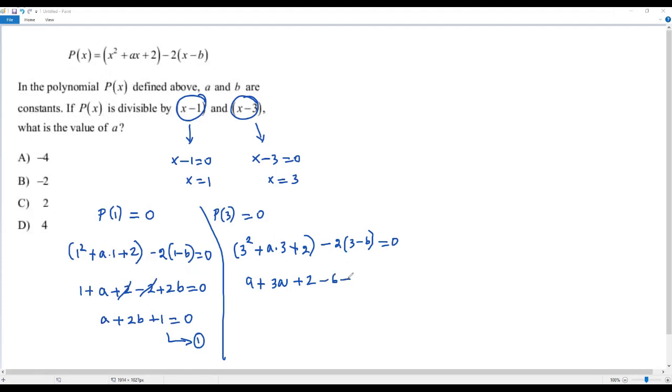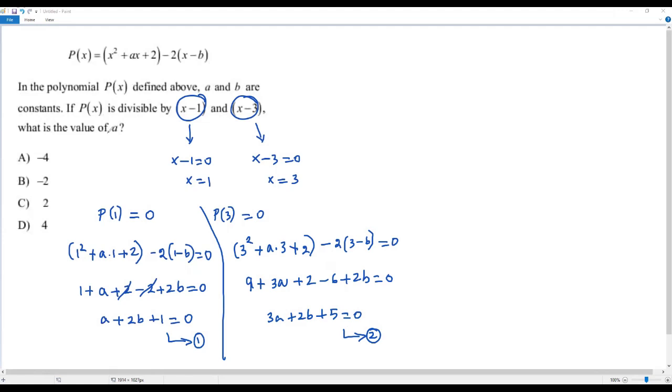Then I'm getting minus 6 plus 2b equals 0. Okay, now we can write this 3a at first, then plus 2b. Now let's combine the numbers 9 plus 2, then we get positive 11. When I combine positive 11 and negative 6, I am getting positive 5 equals 0. Let me consider this as equation number 2.